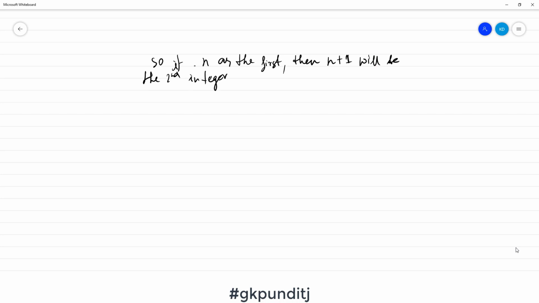And n plus 3 will be the fourth integer, and n plus 4 the fifth integer. So see here n, and here n plus 1, and here n plus 2.